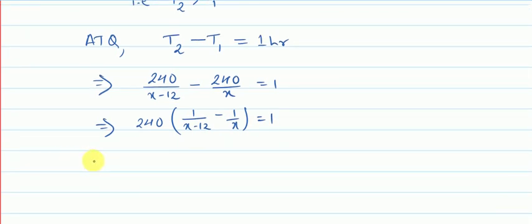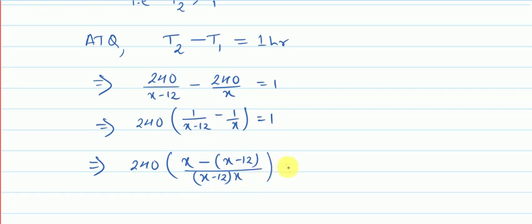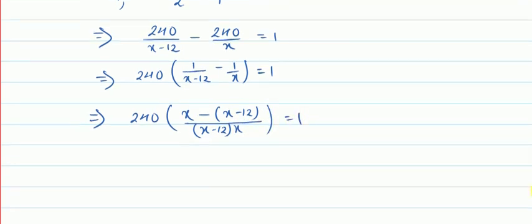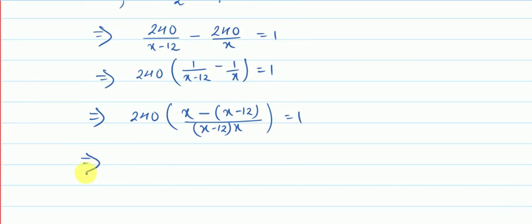Now solve inside the bracket, so you get x minus, when you open the bracket, x minus x plus 12, and in the denominator x square minus 12x, equal to 1.